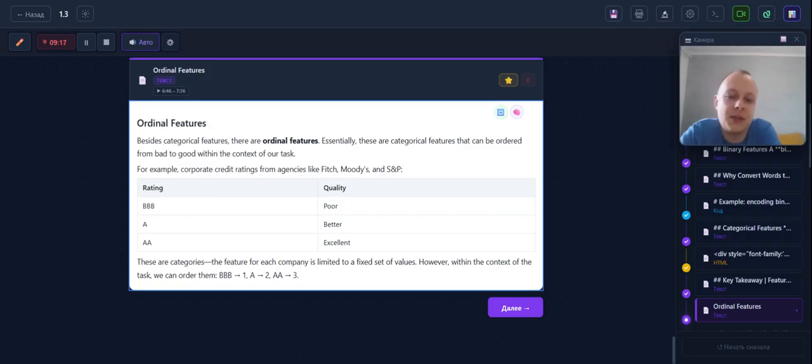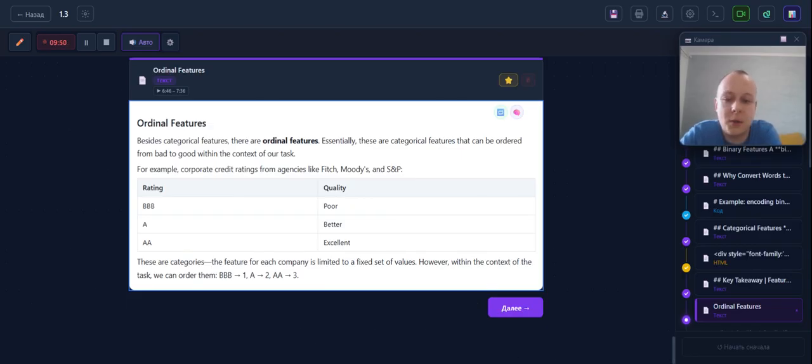Like corporate credit ratings from agencies like Fitch, Moody's, and S&P. There are ratings such as B, A, or double A, which represent poor, better, or excellent quality.